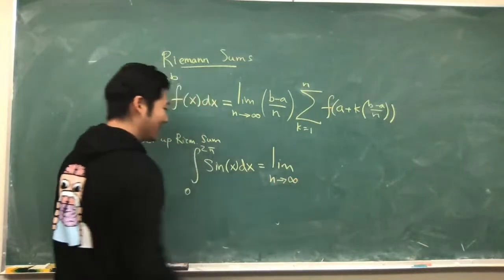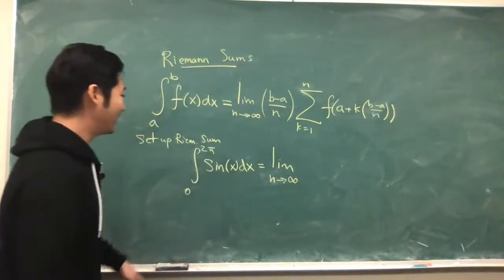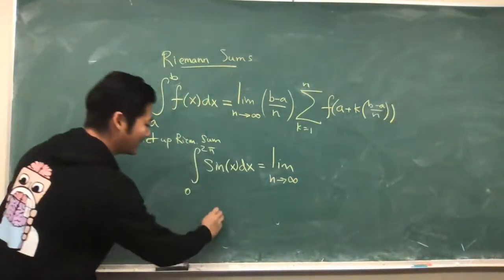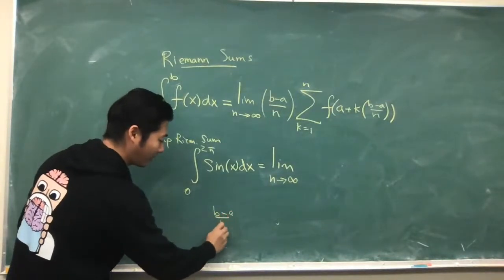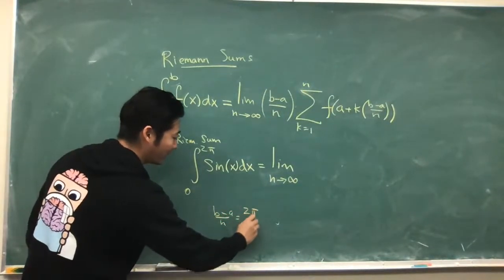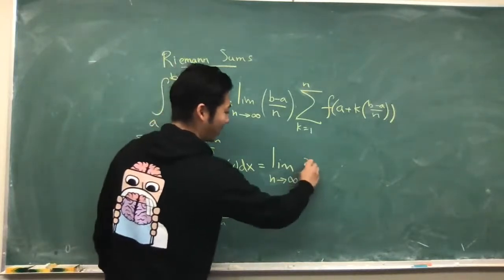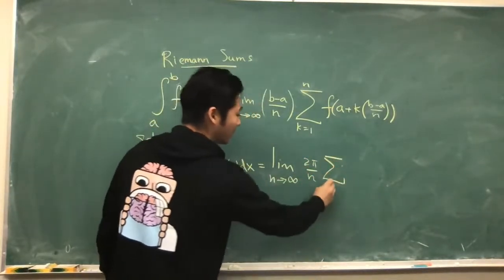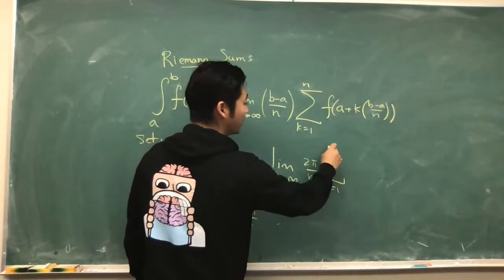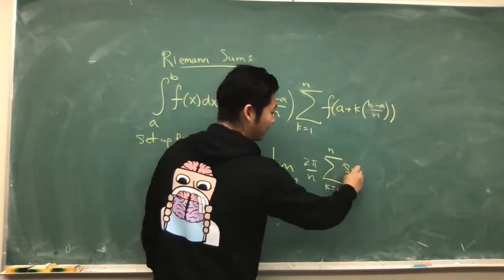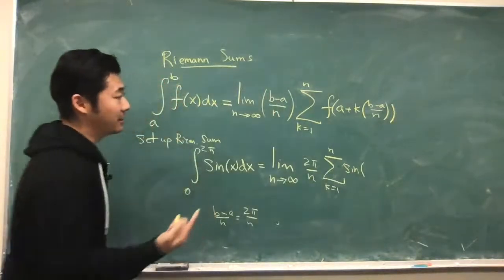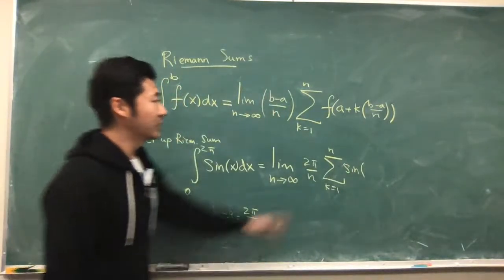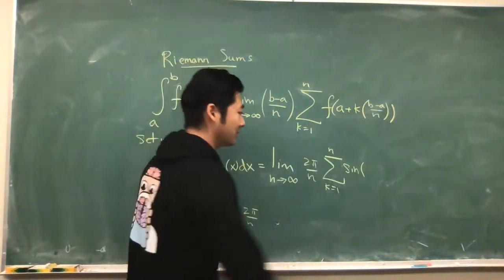That's the limit as n goes to infinity of b minus a, which is 2 pi over n. So just 2 pi over n. Then the summation k from 1 to n of sine, and then a is 0, and then k times 2 pi over n.